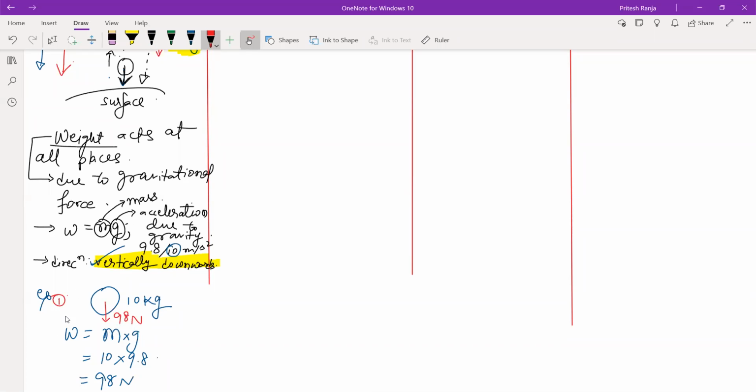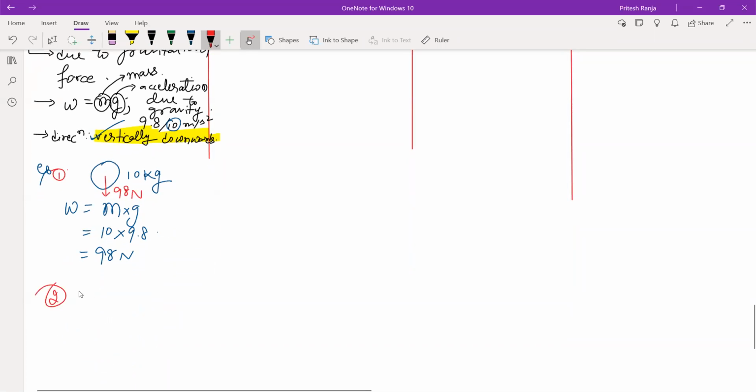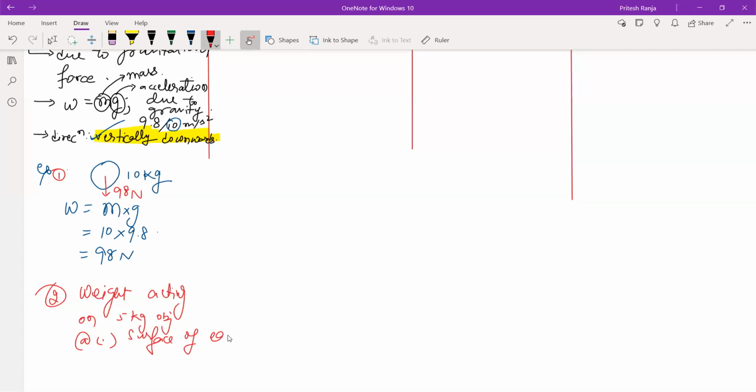तो वैसे ही एक और, चलो टेल मी द वेट एक्टिंग ऑन 5 kg object at number 1 the surface of Earth, and number 2 at a height of 10 meters. दोनों पॉइंट पे वेट निकालना है. बताओ कितना होगा?